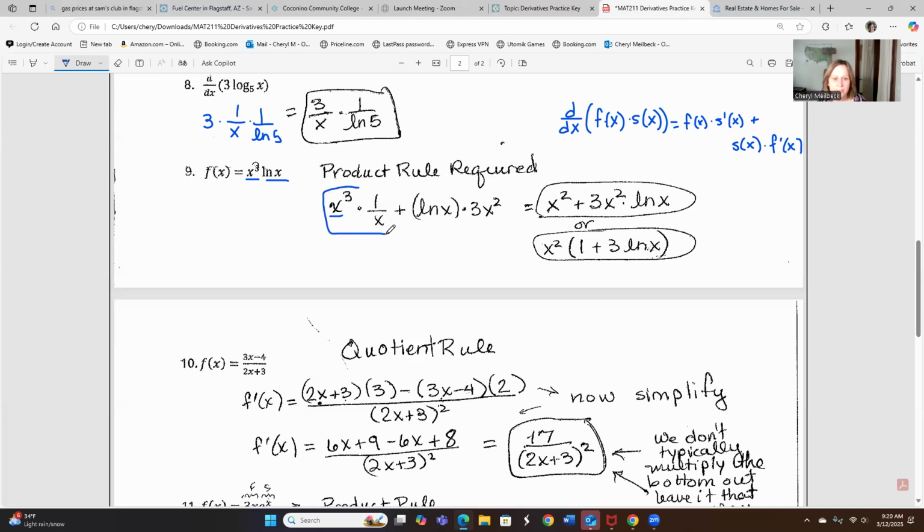Now this can simplify because if you have an x cubed and it's divided by an x, that makes x squared. I like to write the 3x squared first on this one. So if you write it first times the natural log of x, it looks like that. Then you might recognize both of these terms have an x squared in it, so you could factor the x squared out, leaving you this. However, if you don't have to solve, it's fine to leave it as its first step.